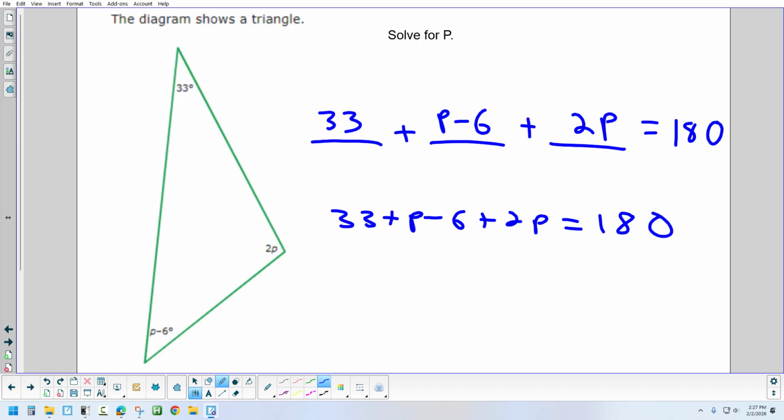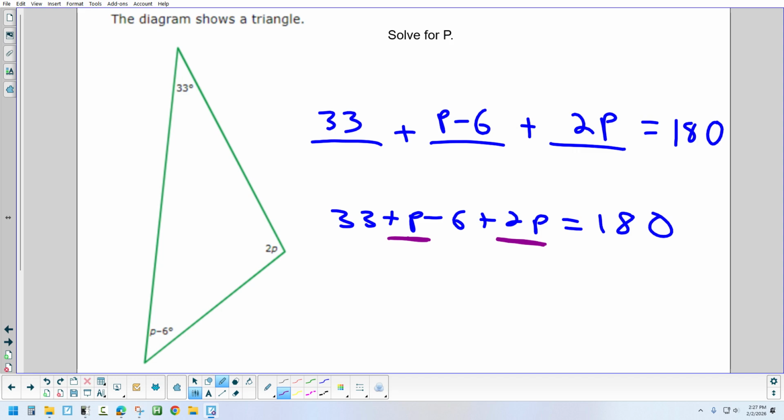Any like terms that I can combine in that equation? Yeah. The p in p minus 6 and the 2p. Can you give me a single term? p minus 6 is 2 terms. So the p and the 2p. Is that supposed to have a degree after that 6? We can put the degree symbol after when we're all done. All right.